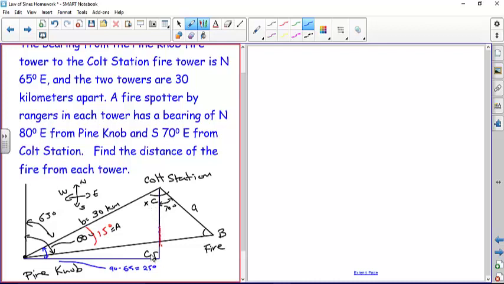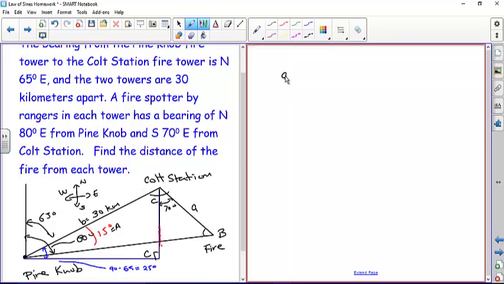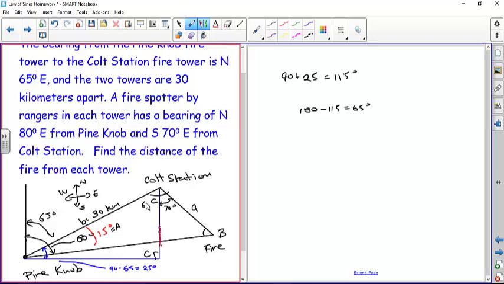If this is 25 degrees and this is 90 degrees, then this unknown angle here, this X angle, which I labeled, has to be, so let's write this out. 90 plus 25 is 115 degrees. And then if I subtract 180 minus 115, that's going to be equal to 65 degrees. So this angle here has to be 65 degrees.